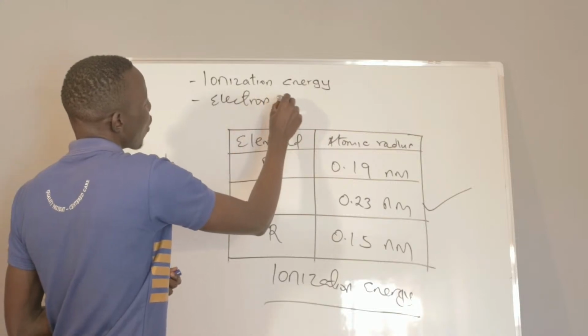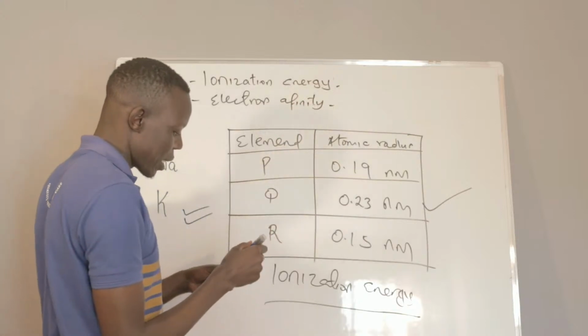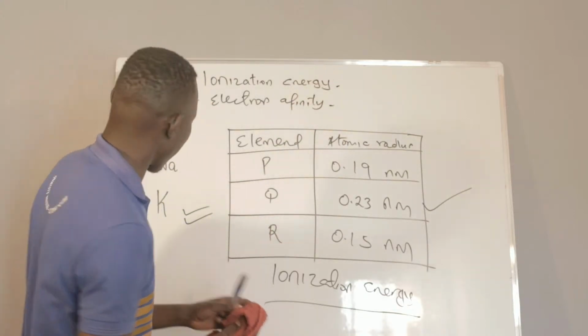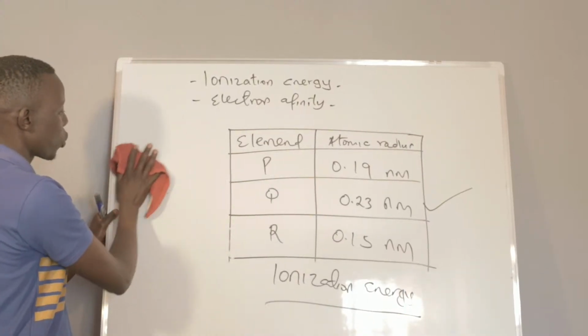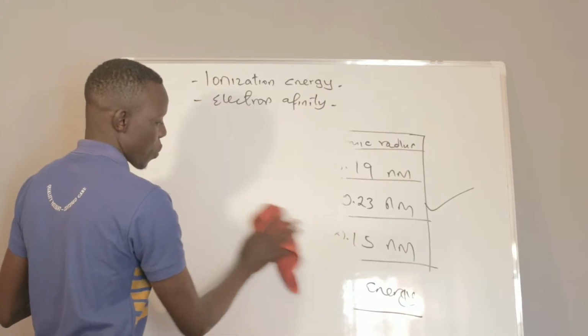Electron affinity. After I finish these two, then our lesson will be done. But it will take me a few minutes from now. So, before you go and take your 4 o'clock tea, let's learn this a little.